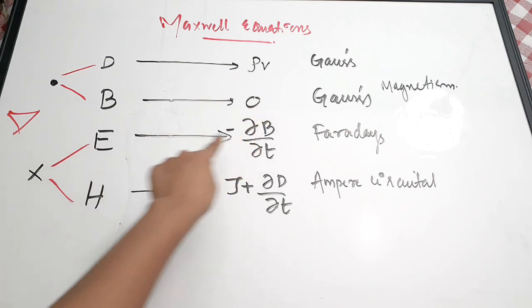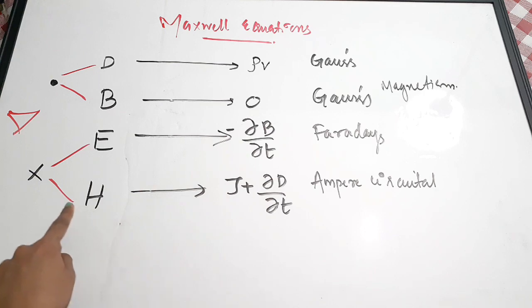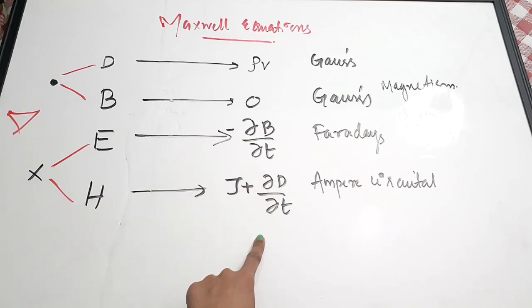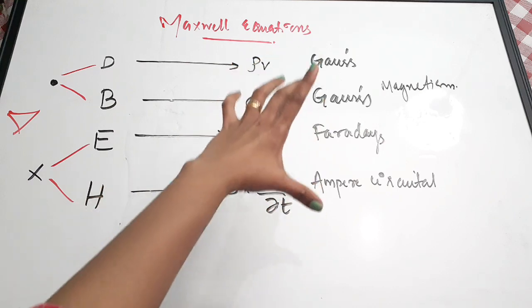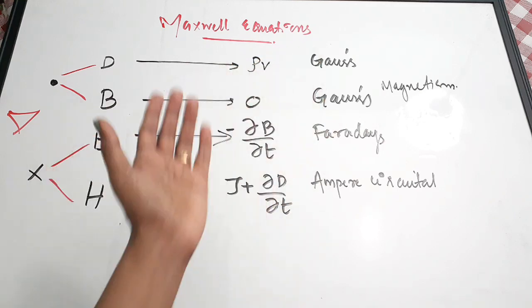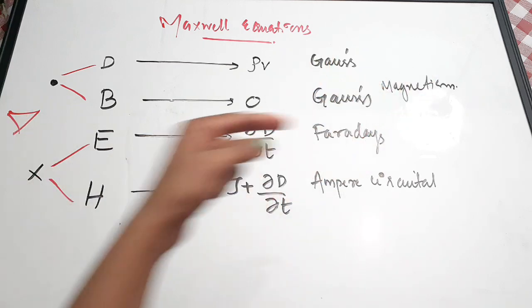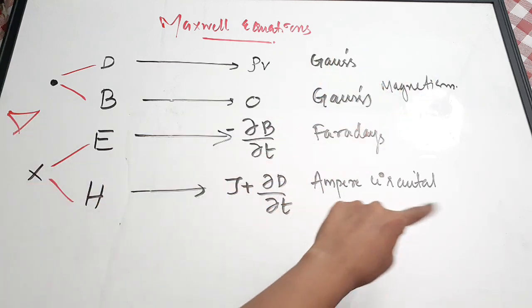Corresponding to E, you write minus dou B by dou t. Corresponding to H, you write J plus dou D by dou t. I've also named the equations: the first one is Gauss law, the second is Gauss law for magnetism, the third is Faraday's law, and the fourth is Ampere's circuital law.